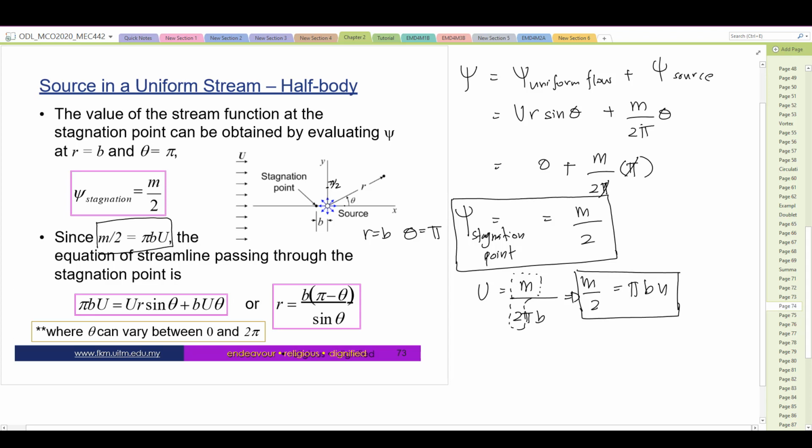For the equation of the streamline passing through the stagnation point, just substitute.